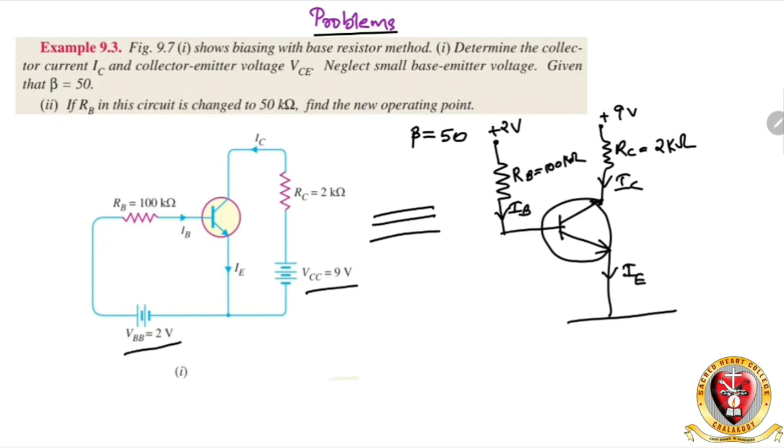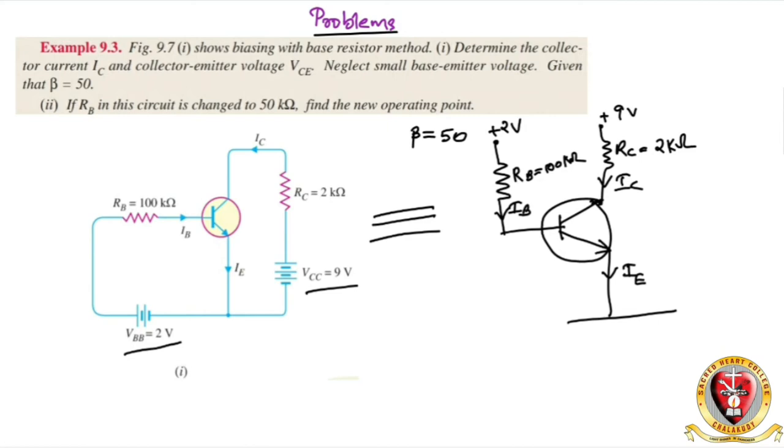So what is the question? We have to determine the value of IC and VCE, given beta. And there is also another question. If we change the value of RB, we have to find the new Q point.